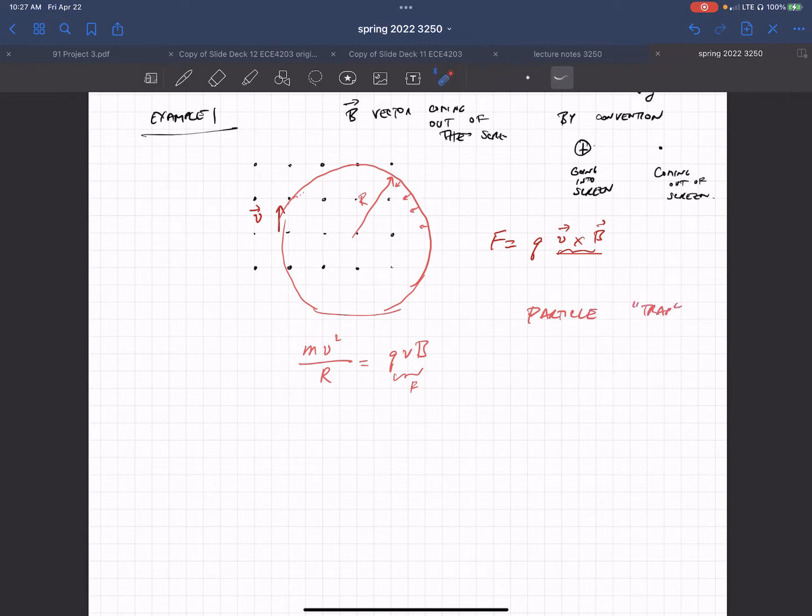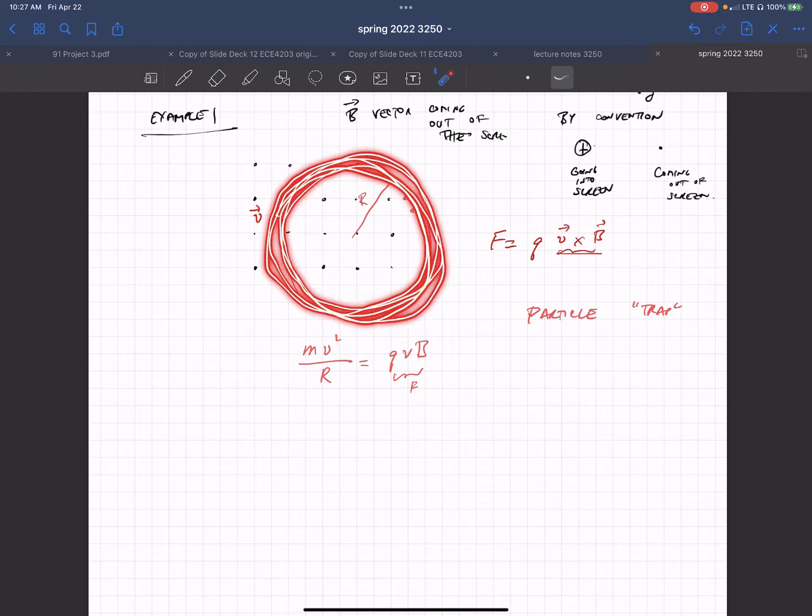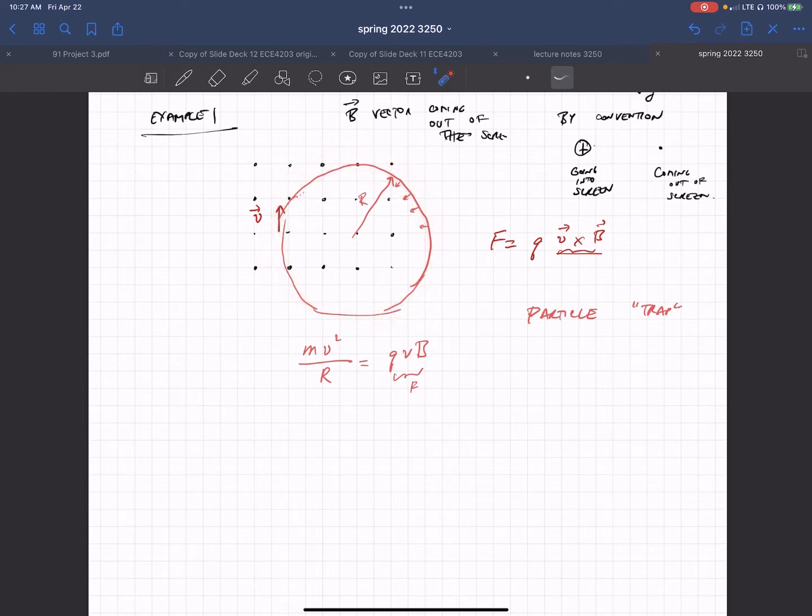We can basically launch a particle into this magnetic field and get it to stay there, and it'll just keep rotating endlessly, at a radius and velocity that we can modulate.